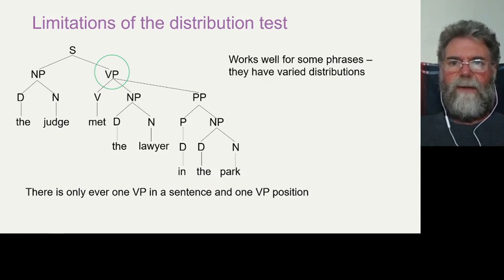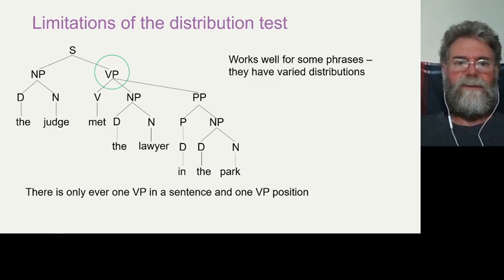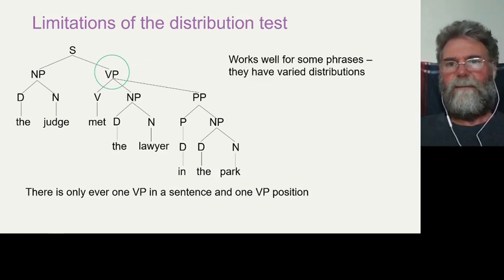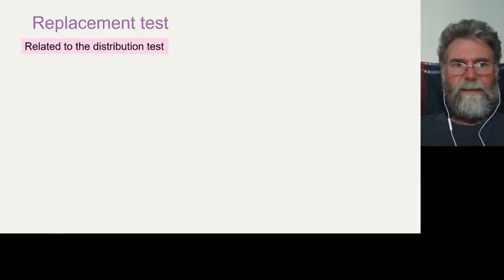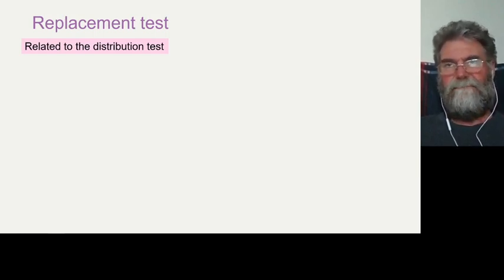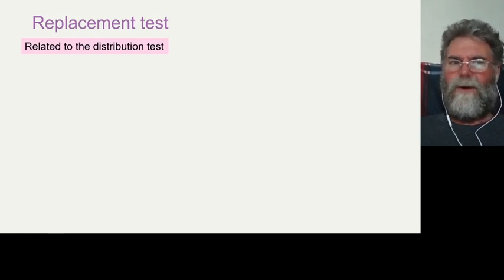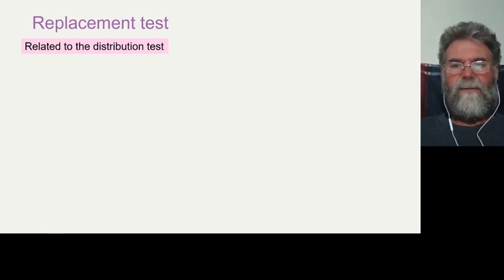However, there are other kinds of tests which are also related to distribution but are perhaps more successful at finding verb phrases. One of these is called the replacement test. The replacement test basically works on the same principles as a distribution test, because what it's saying is that certain phrases, because they have the same distribution, are therefore going to have the same category.